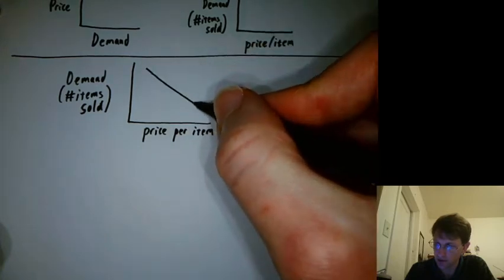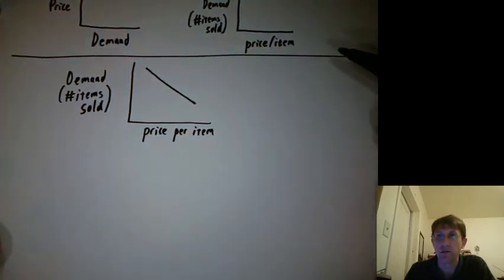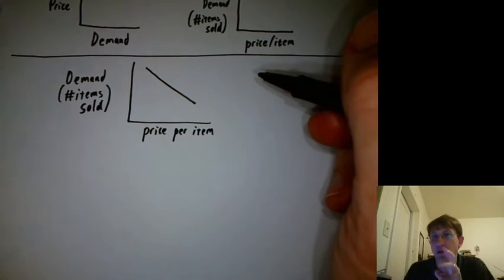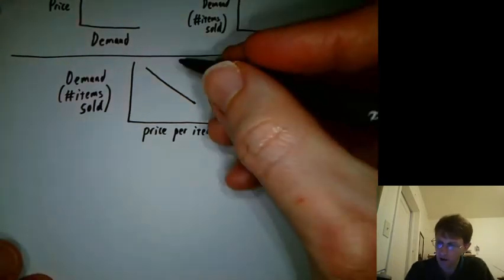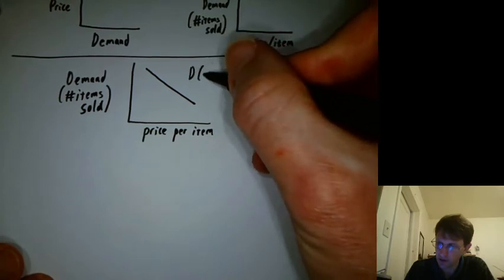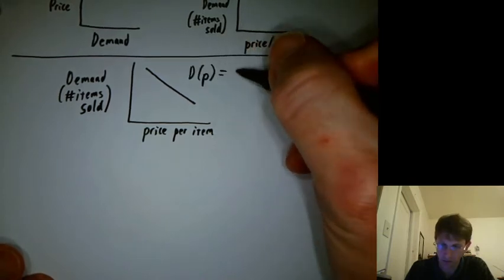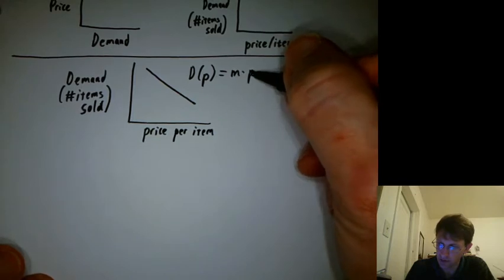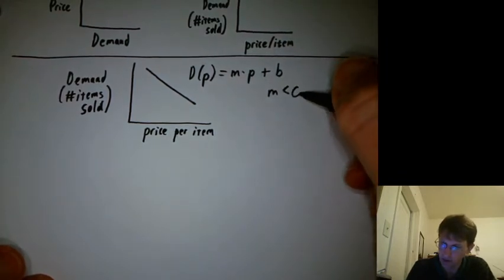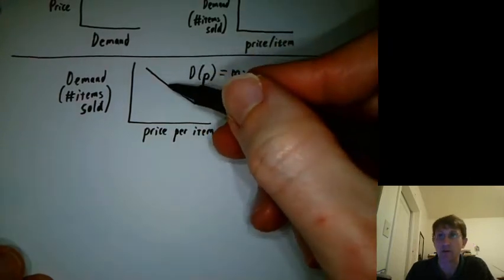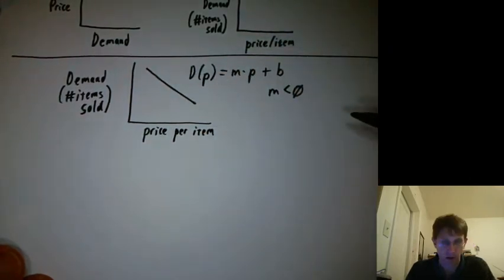So we expect it to be decreasing. Maybe it's not linear everywhere, but maybe if I zoom in enough on the region I care about, then it's linear. That's kind of the idea of calculus, right? And let's say that demand at price P is some slope times P plus some intercept, with the slope less than 0 because we have a negative slope there.